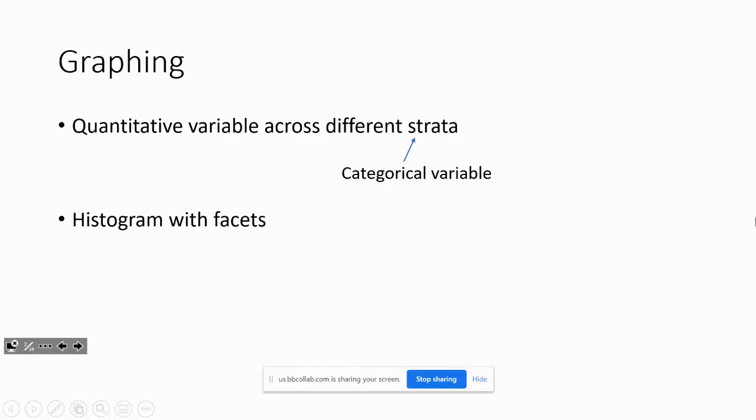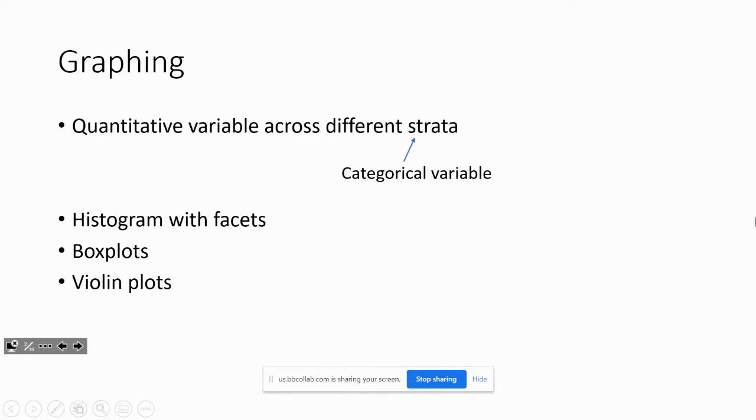Another type of graph that you may have seen for graphing the relationship between a quantitative and categorical variable is a box plot. So these are nice for simplifying the comparison to really focus on sort of key points of the median, the first and third quartiles, and the extreme values, the maximum, the minimum, non-outliers, and then any outliers.